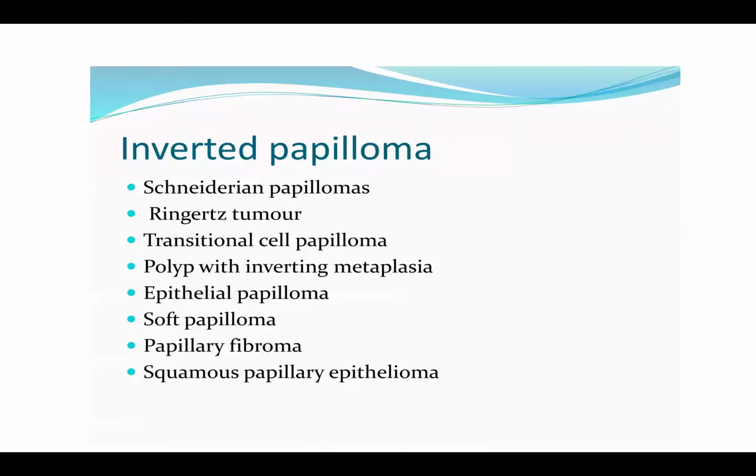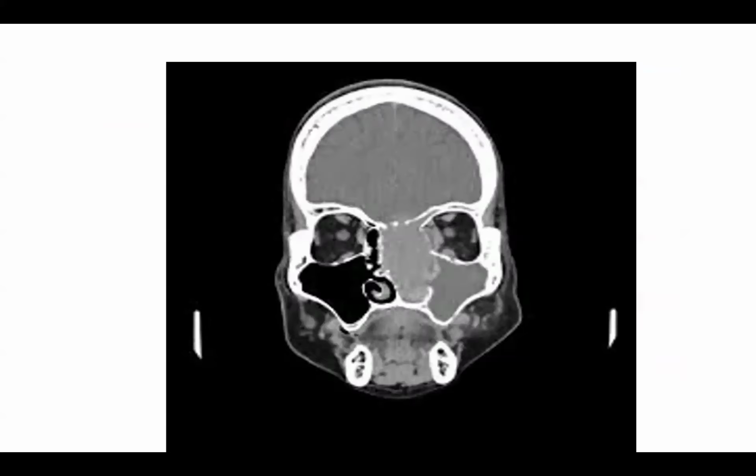Now, for inverted papilloma, these are synonyms, other names you can call it, but we still maintain our name. Now, this is a CT scan, a coronal view showing some hypo, I think isodense lesions occupying the nasal cavity.